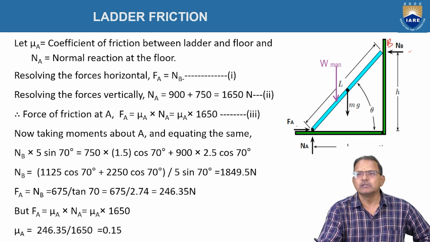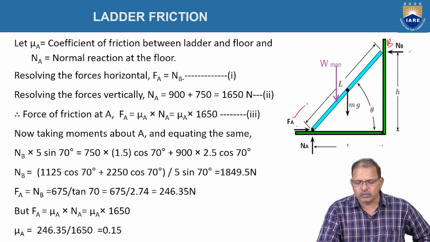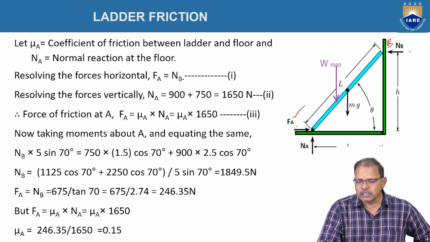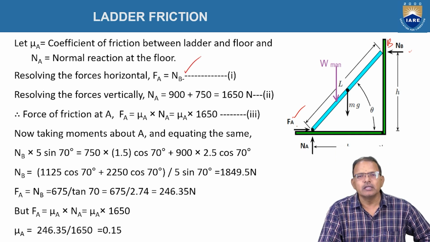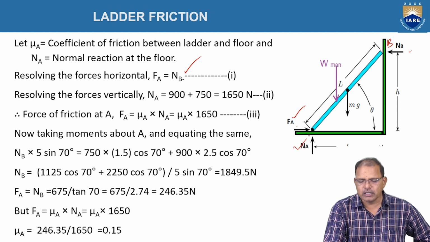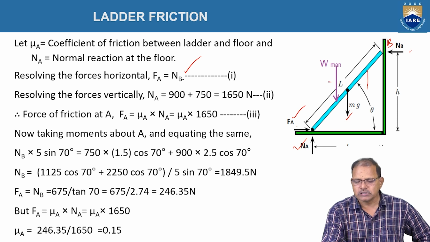Now resolve the forces in the horizontal direction. In the horizontal direction, only two forces are acting: FA toward the right-hand side and NB toward the left-hand side. Hence, FA is equal to NB, represented as equation number 1. Similarly, resolve the forces vertically. Vertically, NA is acting upward, the weight of the ladder is acting downward, and the weight of the person is also acting downward.